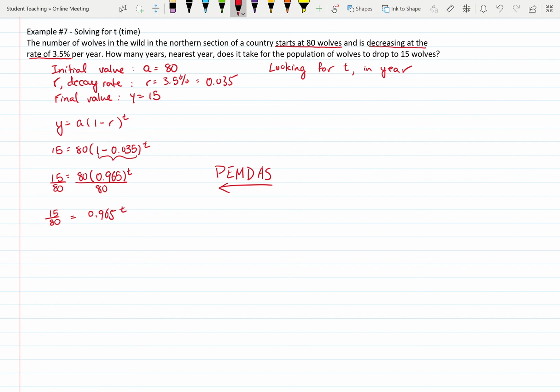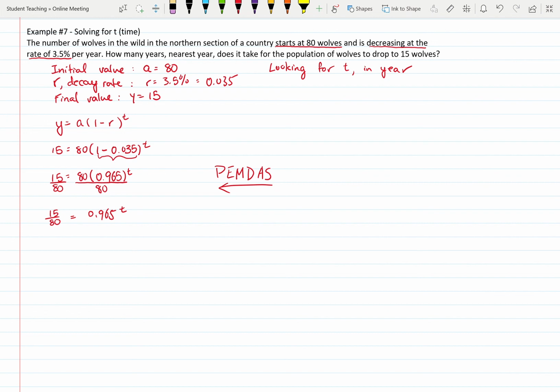For example, if you have log of 5, that tells us 10 has to be raised to what power to give you 5. Here it is the same. We want to use the logarithm to help us find out what that is.